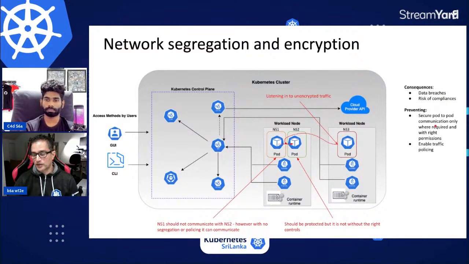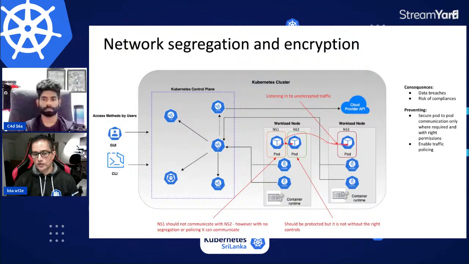Enable secure pod-to-pod communication. Like I said earlier, you can do it through the CNIs, or you can encrypt using the service. Enable traffic policing. So this is allowed, let's say, but this pod in this namespace is not allowed to talk to or listen to this one.